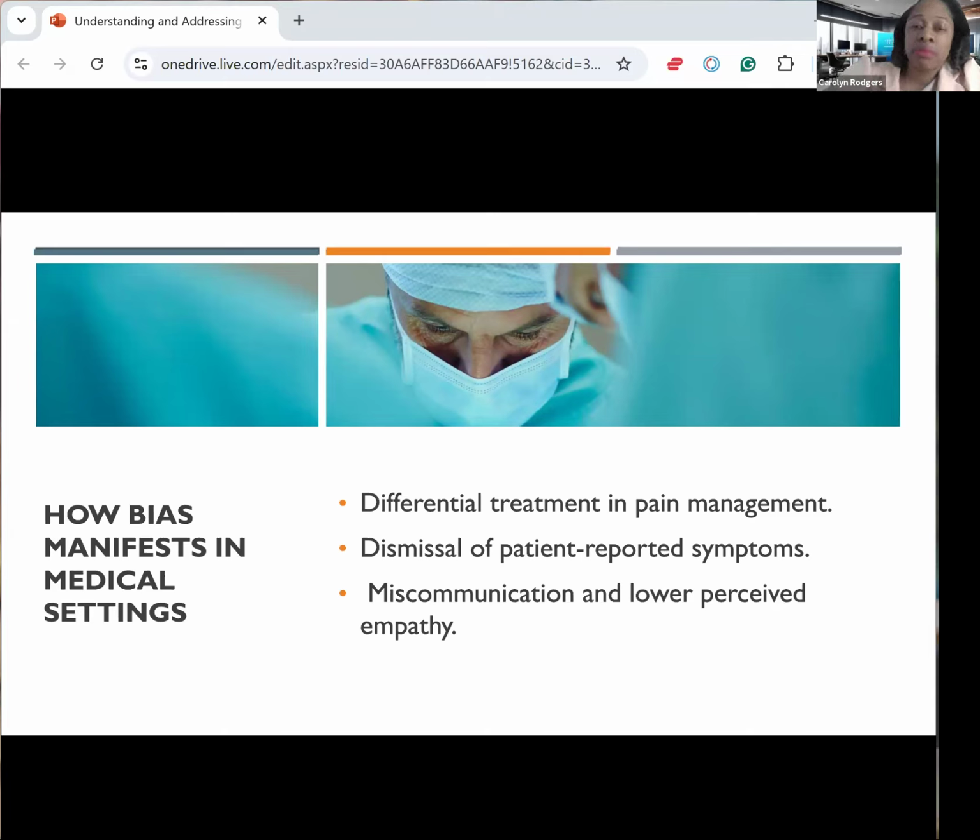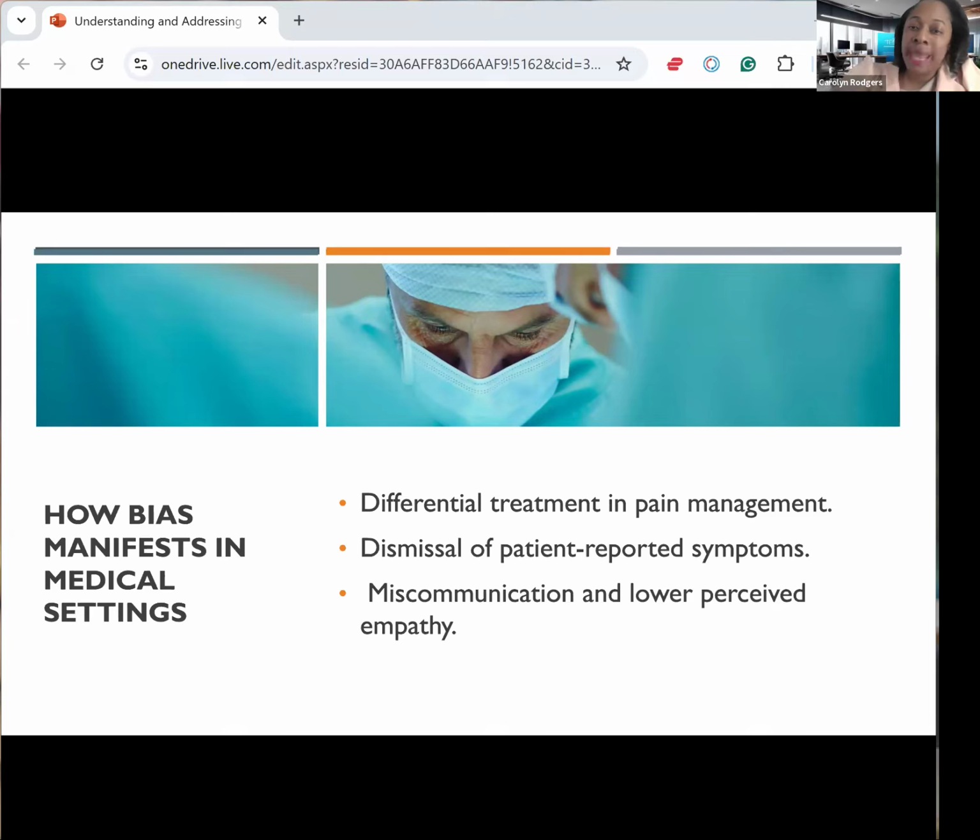Some providers may downplay or ignore patient-reported symptoms or concerns, assuming that they're exaggerating or misunderstanding their own health. Really, that is a part of cultural attunement that may need to happen, because we all think that because we speak the same language, we understand each other. No, there are cultural differences that we need to understand. And so that, again, is one of the things that we need to review.